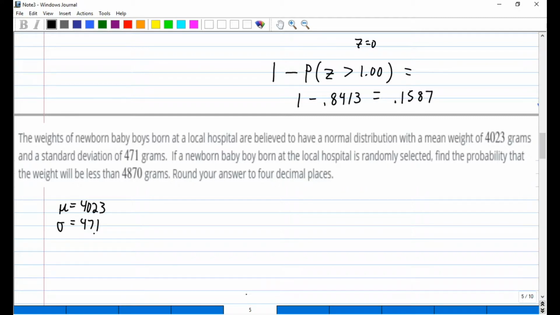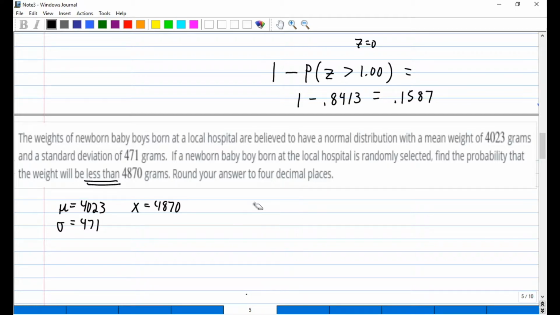It says, find the probability that the weight, if we just randomly selected one, would be less than 4,870 grams. So that's our X, 4,870, and this is a less than problem.